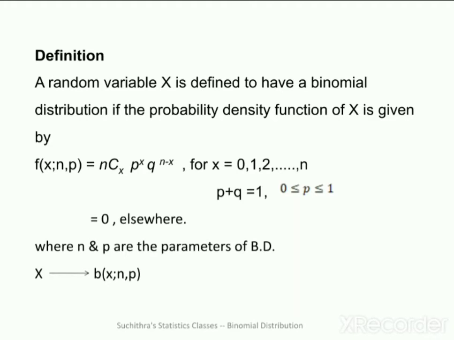And we can write that as x follows B(n, p).